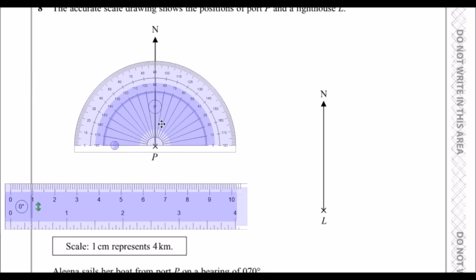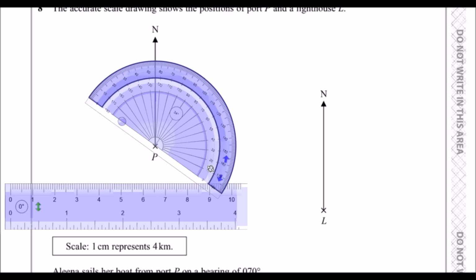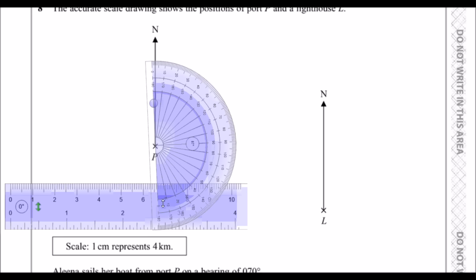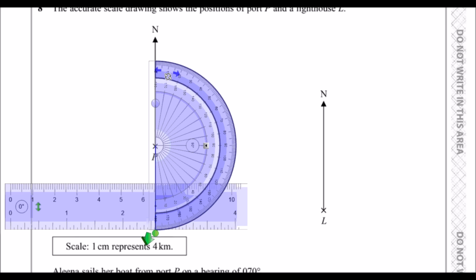So let's get the protractor, line up 0 with the north line. Line up 0 with the north line, and then measure around 70 degrees. So from 0 up to 70. So that's here.